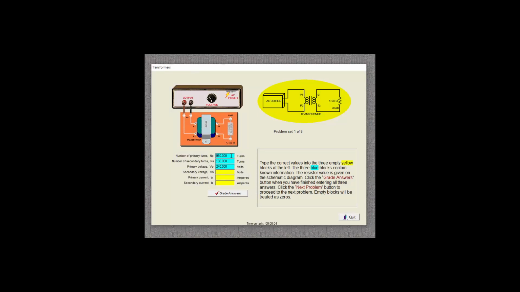So we have 960 turns to our secondary of 160. So it's going to be the same ratio, and we need to go down. So let's use 160 divided by 960. So our turns ratio is 1/6, 0.166.